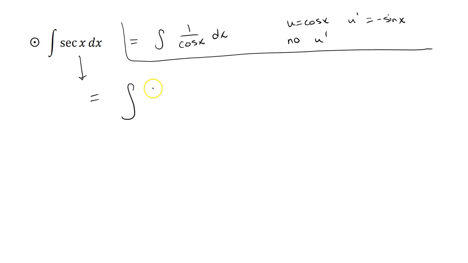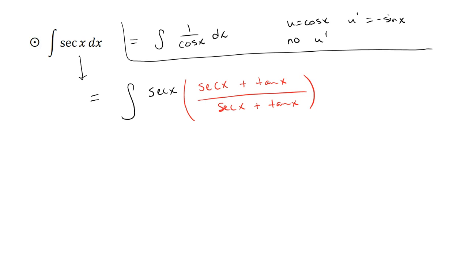So the trick to the integral of secant of x is to multiply by this fraction. Now, as long as I don't move any of these things that I'm going to multiply out of the integral, it's okay, because I'm going to multiply by secant x plus tangent x divided by secant x plus tangent x.